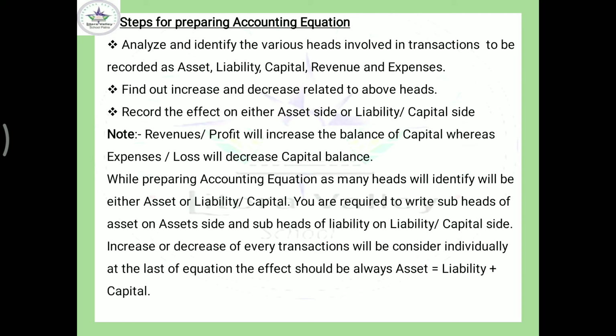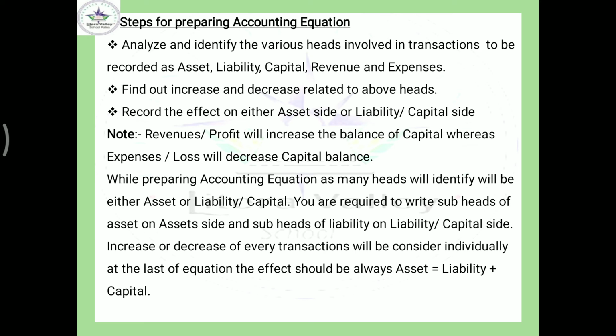While preparing the accounting equation, you may find various heads, because there are varieties of assets and varieties of liabilities. You will not find many heads for capital, because you study sole proprietorship, so capital will always follow the individual person. Asset will be the main head.